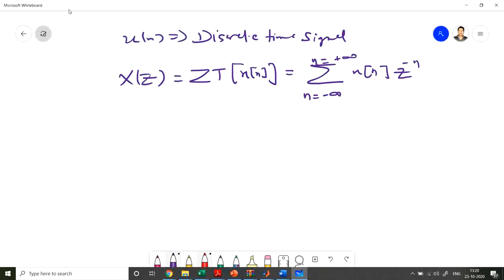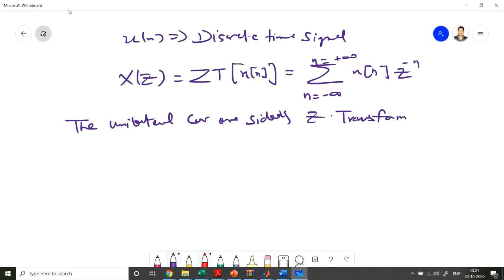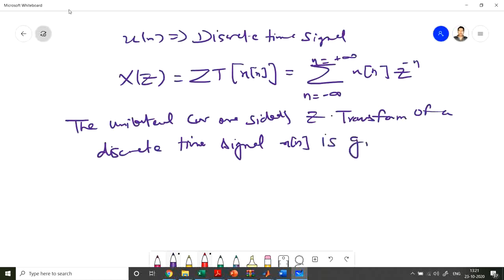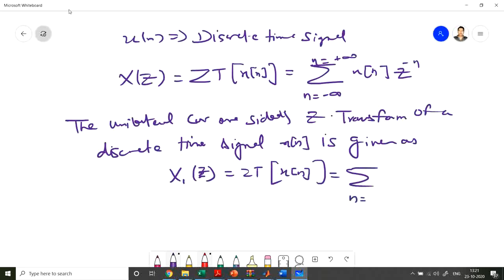The unilateral, that is one-sided, Z transform of a discrete time signal x[n] is given as X1(z), which is equal to the Z transform of x[n], that is the summation from n equals 0 to infinity.